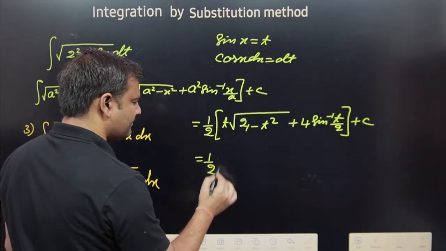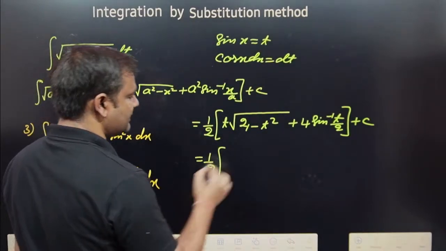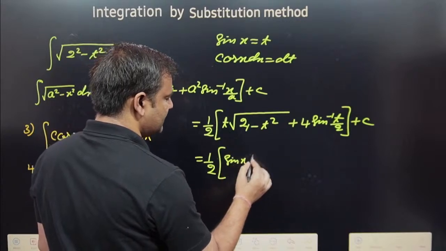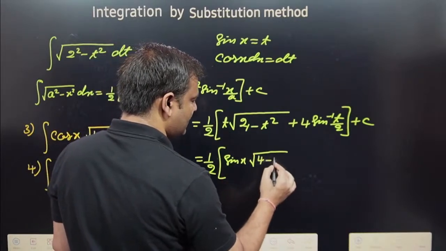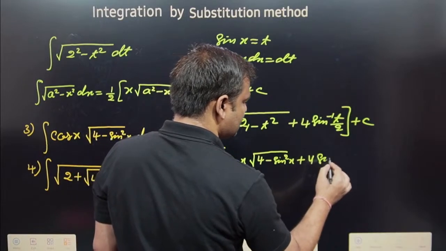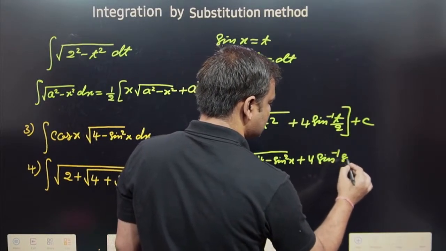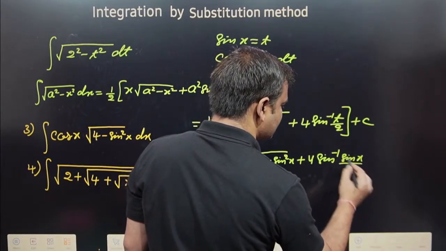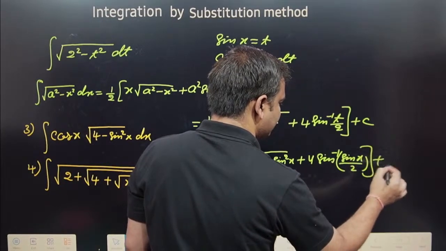Since t is basically sin x, it is 1 by 2 sin x under root 4 minus sin square x plus 4 sin inverse sin x by 2 plus c, which is the right answer.